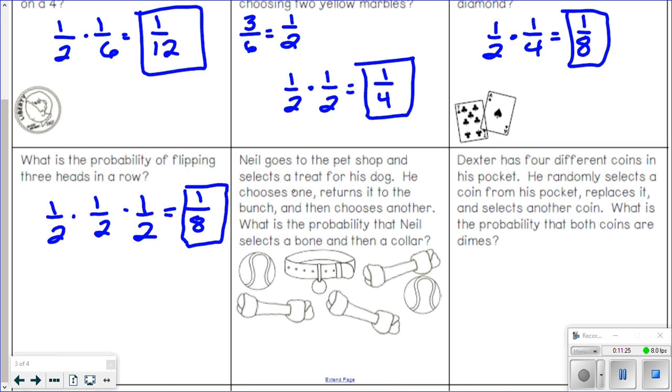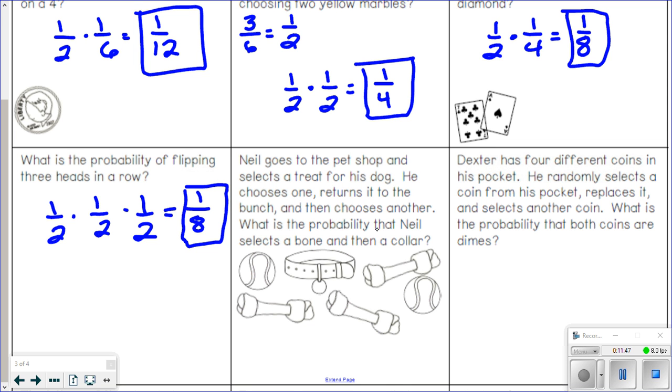Neil goes to the pet shop and selects a treat for his dog. He chooses one, returns it to the bunch, and then chooses another. What is the probability that Neil selects a bone and then a collar? Okay, so first of all, there are 1, 2, 3, 4, 5, 6 items here. So he's picking from 6 different items.